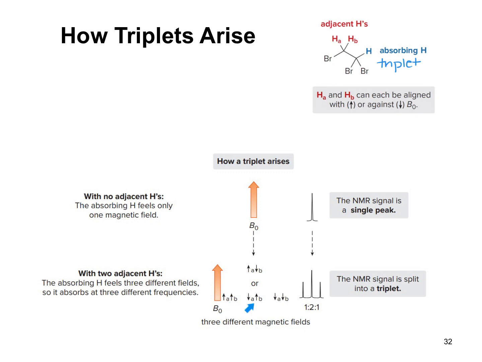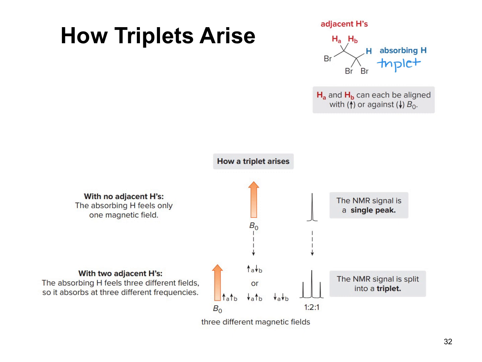One aligned with and one against, both aligned against, right? And when that happens, this absorbing proton feels 3 slightly different magnetic fields. One slightly larger than the magnetic field, one slightly smaller than the magnetic field, and one the same strength as the magnetic field.